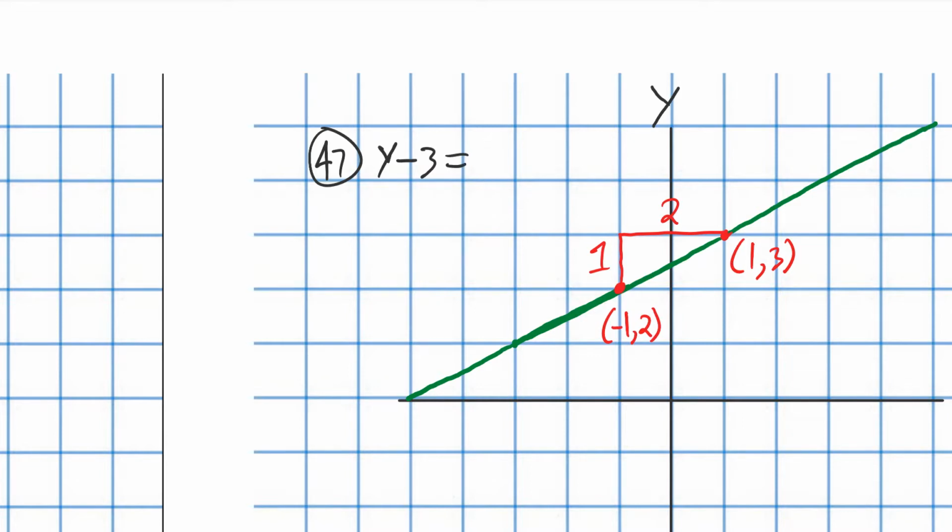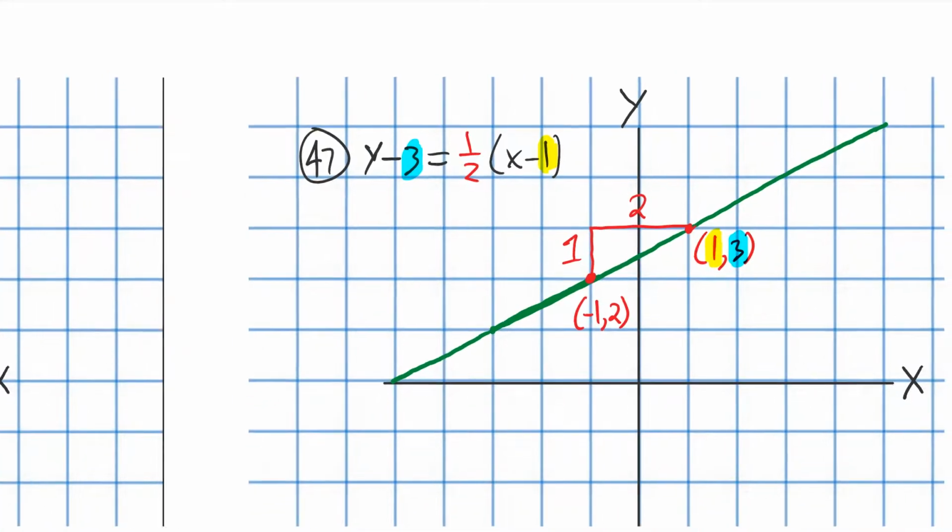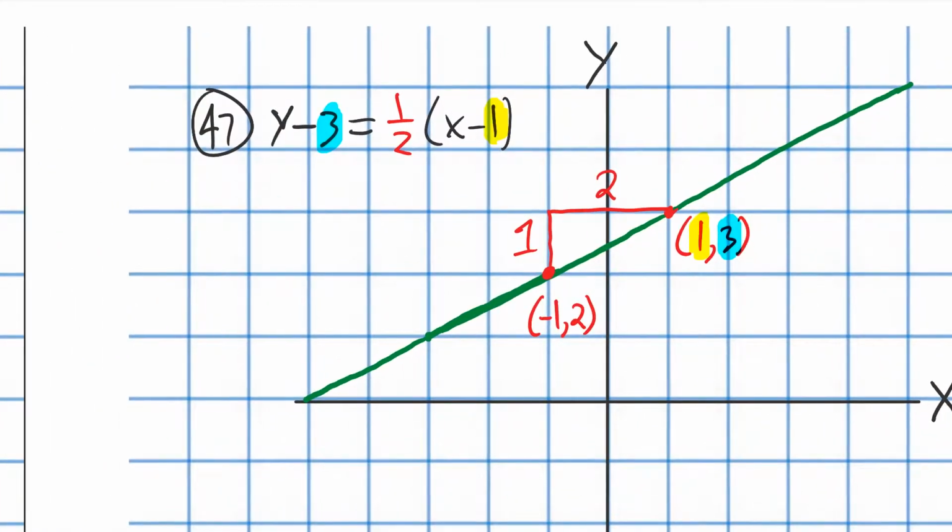Should probably write that in red. Times x minus 1. And maybe I can color code that so you know exactly what's going on. You know what?